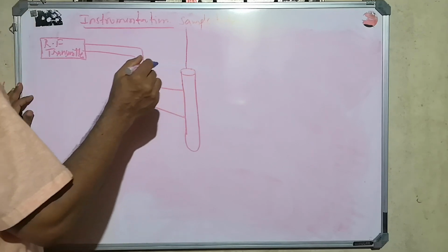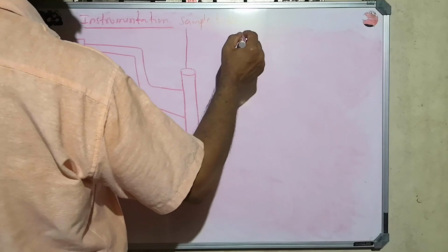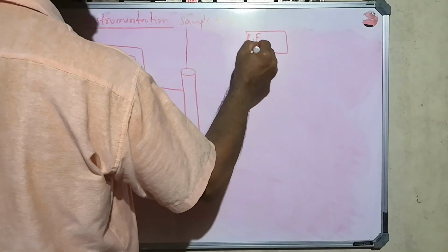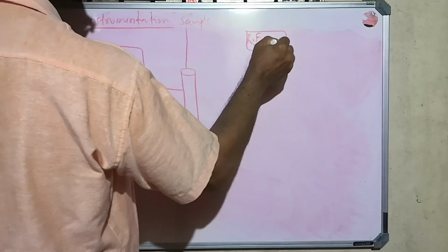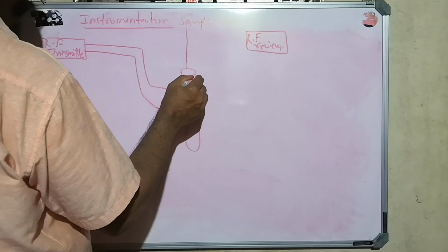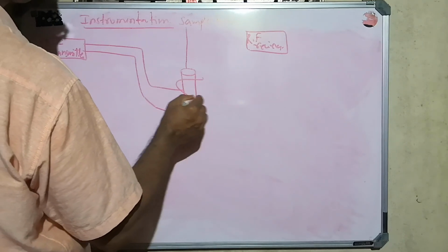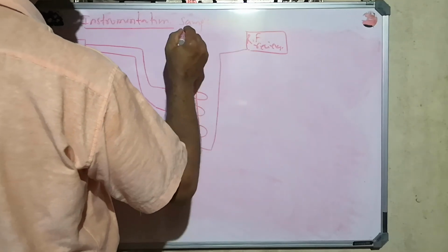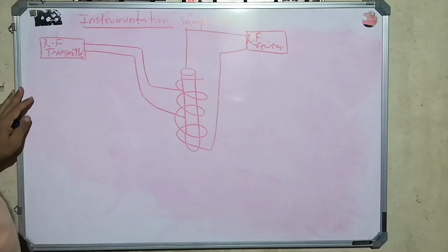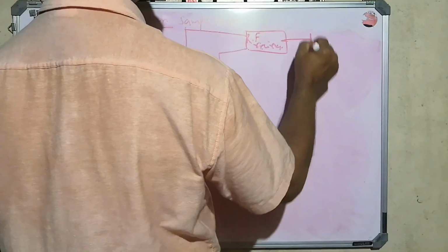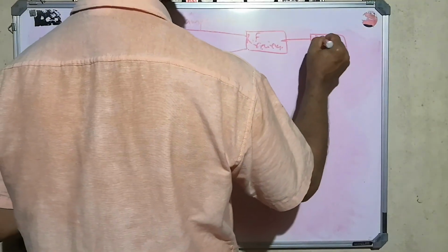Then here you have the RF receiver, the radio frequency receiver. Here the coil is wound. Then here you have the RF amplifier.